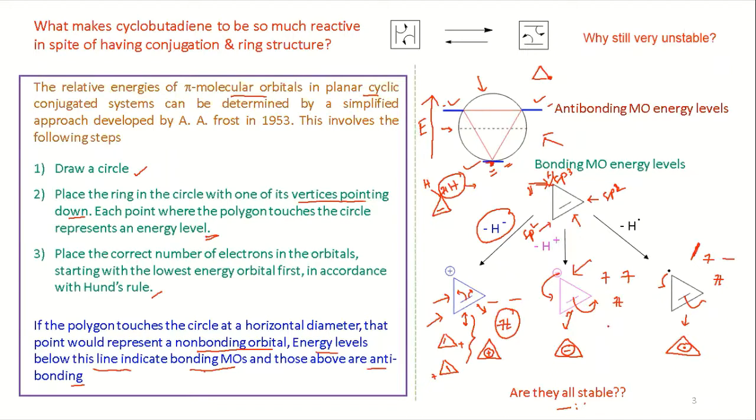Now, when you talk about this anion, how are the electrons distributed? The 2 electrons are at the anti-bonding orbitals. So your population of electrons is coming to the anti-bonding. That itself makes the system of poor energy, meaning poor stability. And after that, the electrons are unpaired, they are not paired.